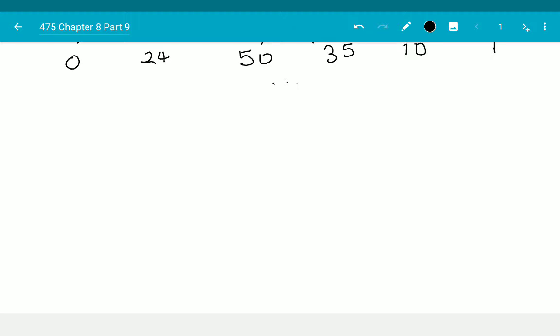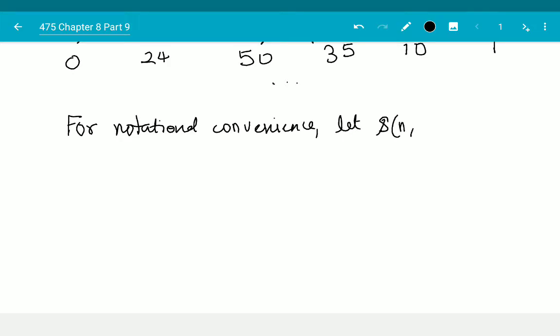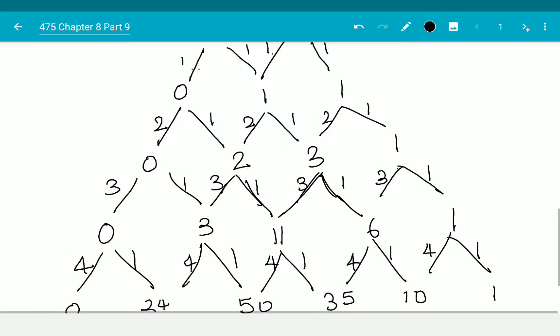Okay, once again, for notational convenience, let s(n, k) be equal to 0 if k is smaller than 0 or k greater than n. Okay, maybe I should have labeled these above. I'll quickly label them.